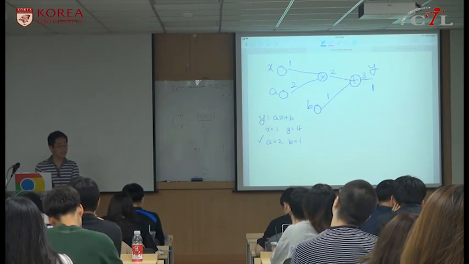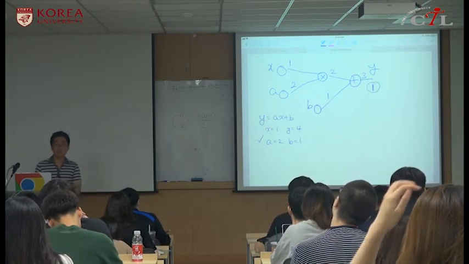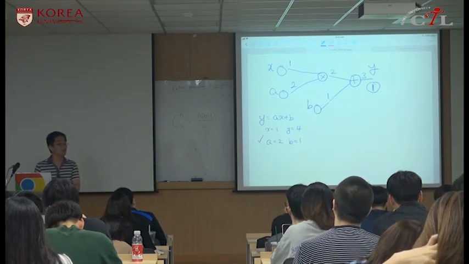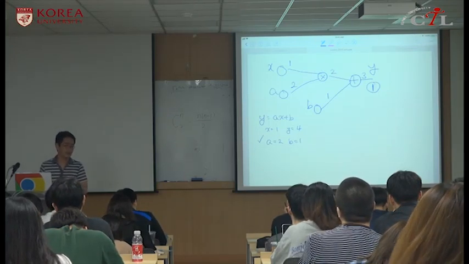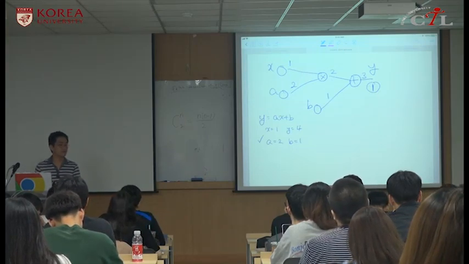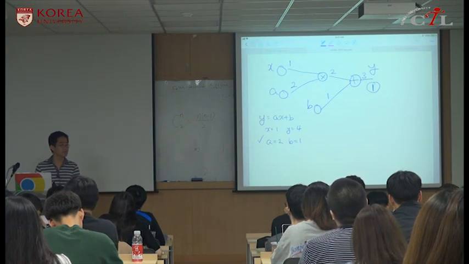And then we set up the gradient value as 1 at the final output node, right? And where does this initial gradient value of 1 come from?